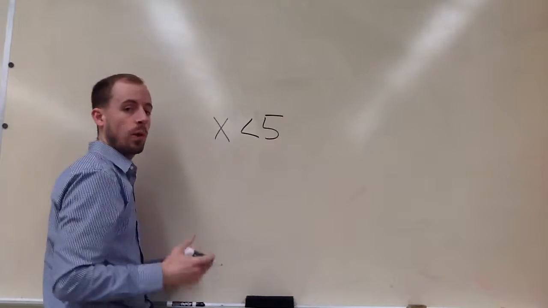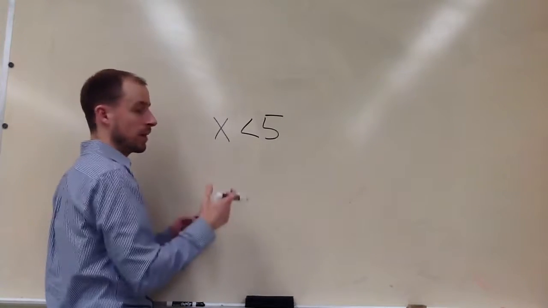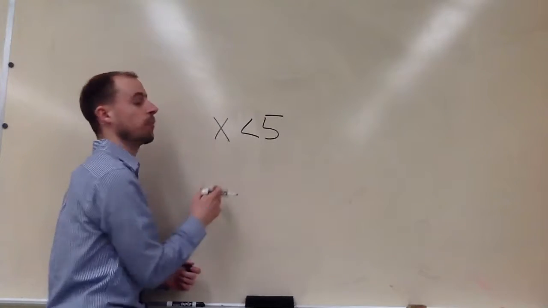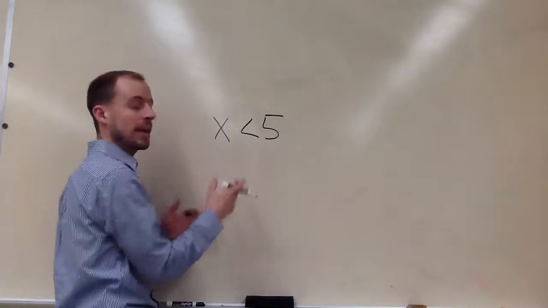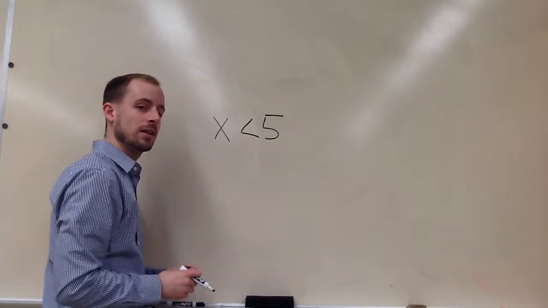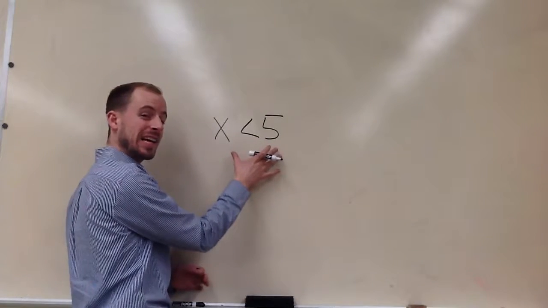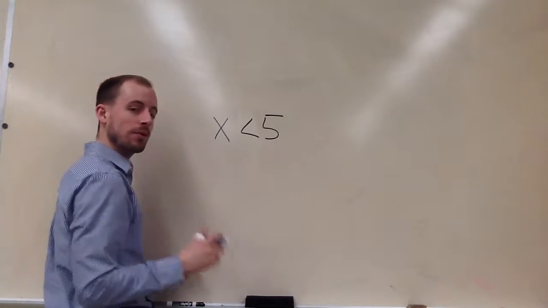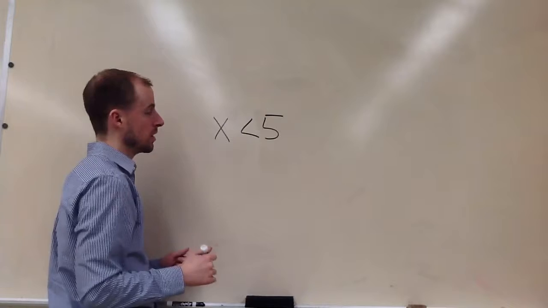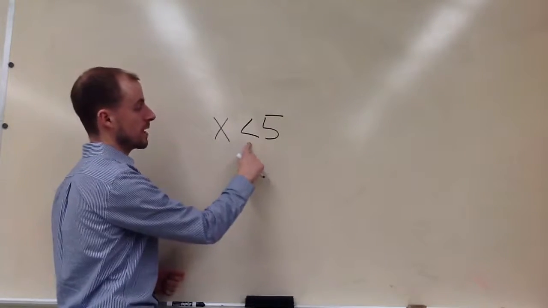So what can x be? Well, x could be 4, x could be 3 or 2, or negative 4,000, or any negative number. It could be 0, it could be 4.9, it could be 4.99. It could get really, really close to 5, but it never quite gets to 5. And so what we say in words is x is less than 5.